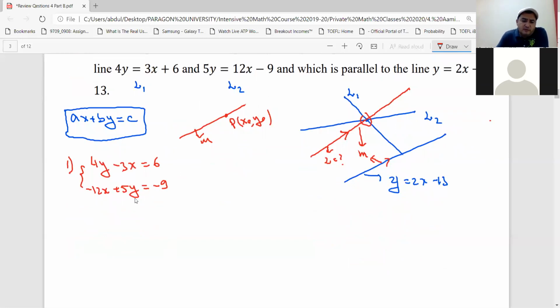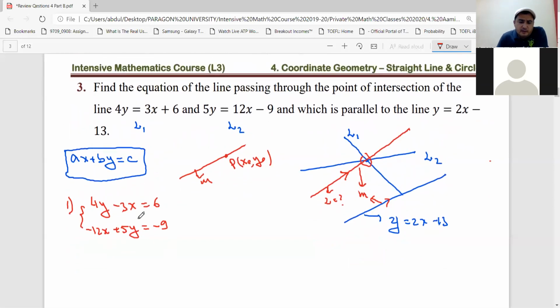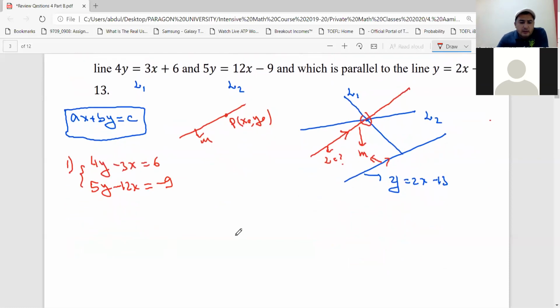We know how to solve them. Let me just write in the right order. So the second one should be 5y minus 12x is equal to negative 9, right?